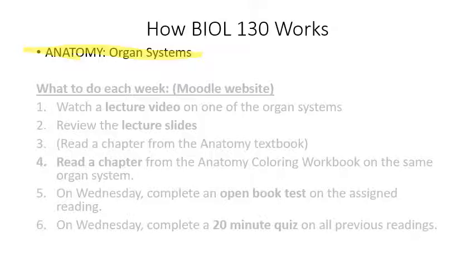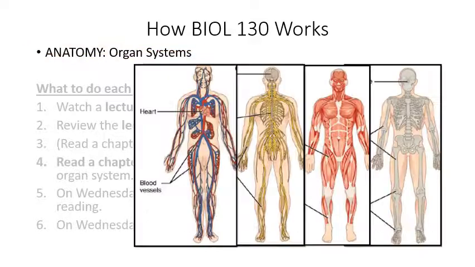But then they discovered that people found it much easier to memorize the names and the functions of all the body parts if you studied the body parts that are related to each other and the body parts that are involved in the same functions as a group. And so the organs that are all involved in the same biological process are considered to be an organ system.